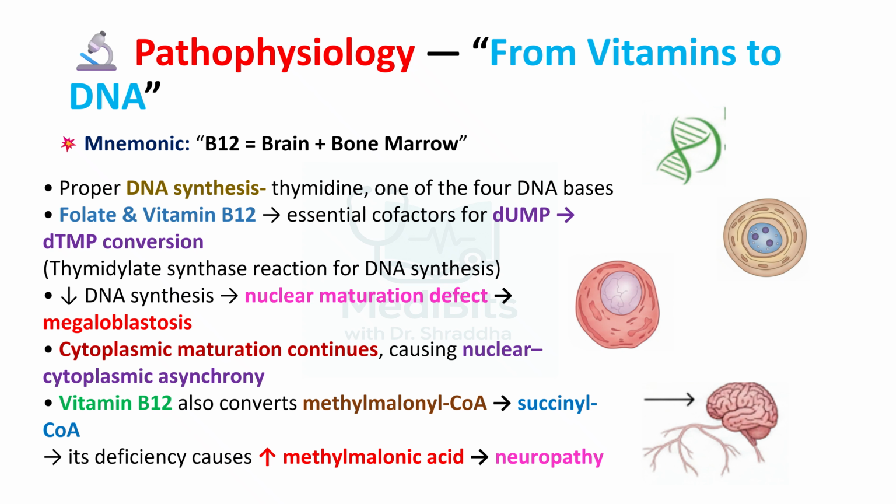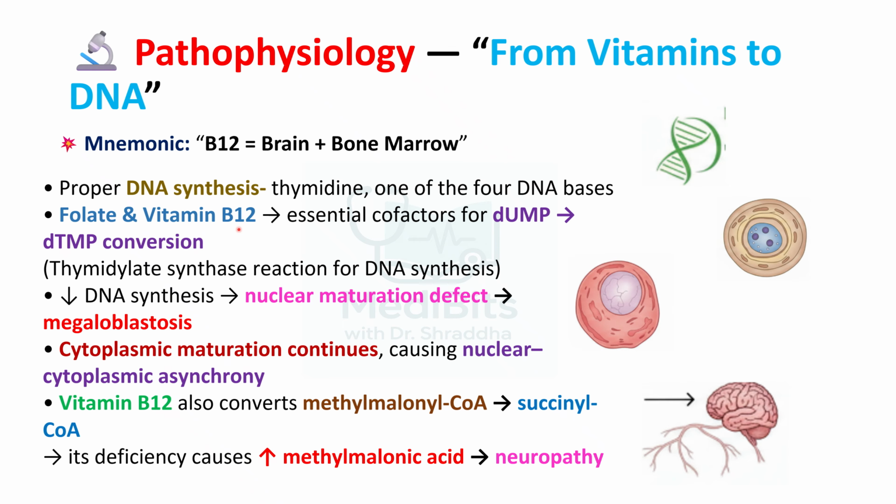Now let's understand what is really happening inside the cell, where biochemistry meets pathology. For proper DNA synthesis, your body needs thymidine, which is one of the 4 DNA bases. This thymidine is made when dUMP, that is deoxyuridine monophosphate, converts to dTMP, that is deoxythymidine monophosphate, a reaction that requires both folate and vitamin B12 as cofactors.